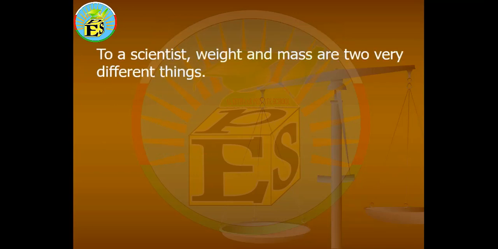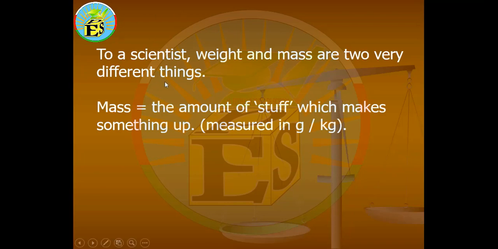To a scientist, weight and mass are two very different things. In general, we used to mix between weight and mass, but they are two different things. Mass is equal to the amount of matter or stuff which makes something up, and we measure mass in gram and kilogram.